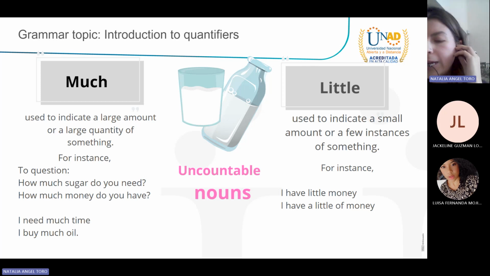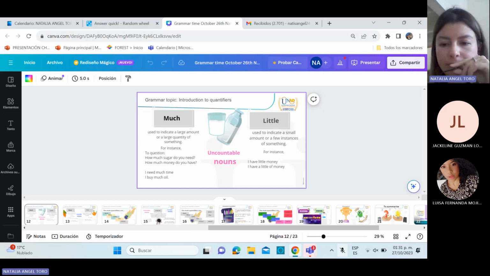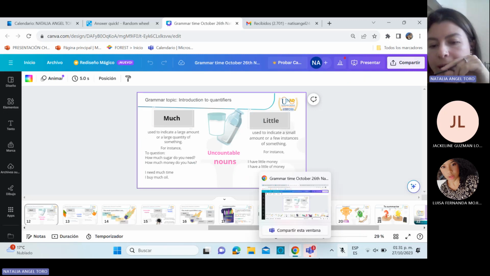What about little? So, Jacqueline, could you give us an example using little, by talking, or if you cannot, by the chat, please? Using little.